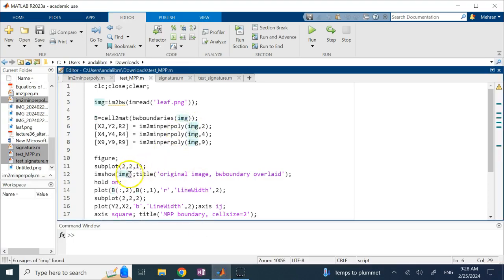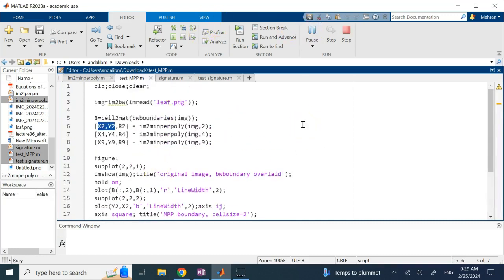And you can see it here, that I showed the image, and then I did a hold on, and then I showed B1 and B2, X and Y in red. So one time I pass my binary image to the command imageToMinPerimPoly, min perimeter poly, with cell size of 2, 4, 9. I got the coordinates x2, y2, x4, y4, x9, y9, and I show them here.